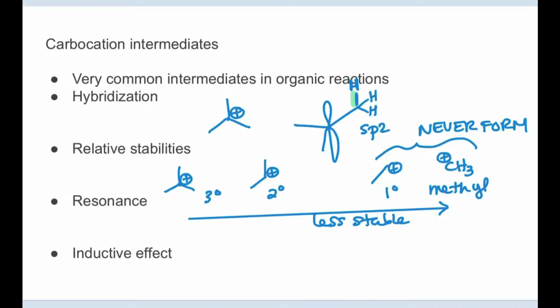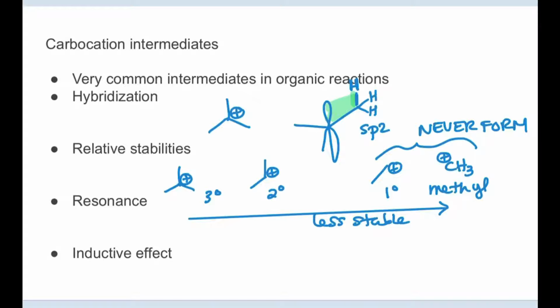So we're talking about this carbon-hydrogen sigma bond that's on the carbon adjacent to the carbocation carbon, and that electron density from the sigma bond satisfies the empty p orbital of the carbocation.